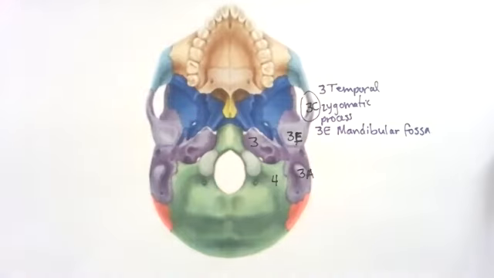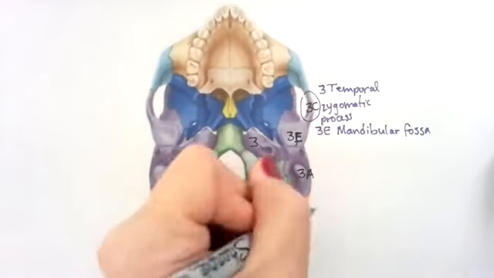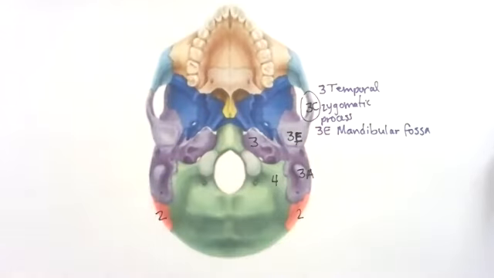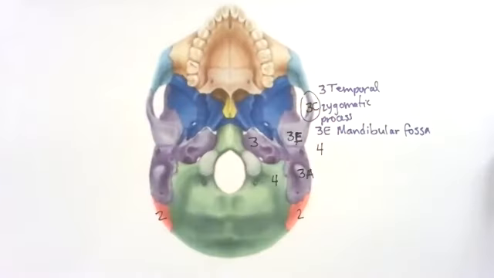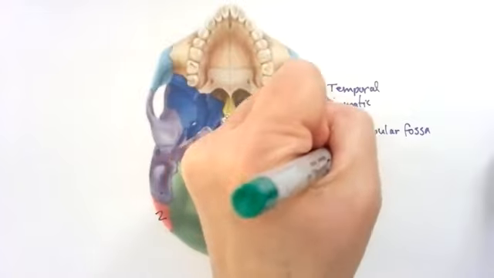All right, we've got our parietal bone peeking out here, which was number 2. But what we really see here for the first time, number 4, is the occipital bone, because most of the landmarks we're going to see underneath.